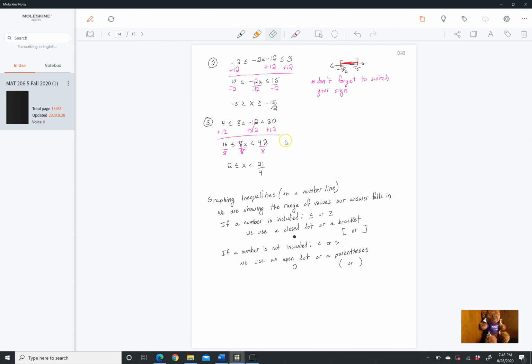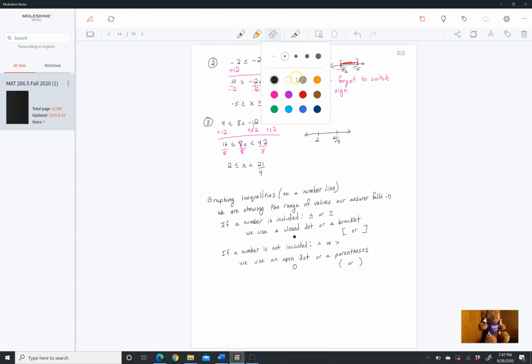Okay. And then finally, the last one, we have 2 and 21/4. And here, with the 2, we have a bracket because there's an equals. With the 21/4, we have a parentheses because there is no equals.